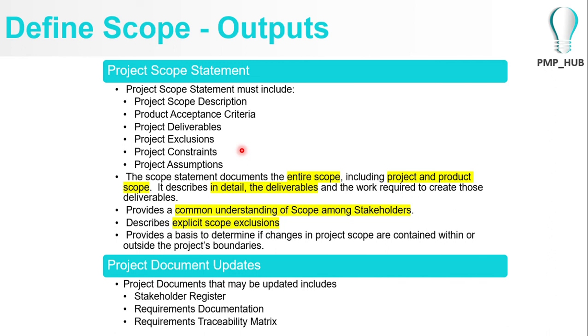So that will be the prime document that gives a common understanding among the various stakeholders in the project. And as I told you, there will be explicit scope exclusions, so everybody is clear that these areas are not going to get delivered under this project, and there is no ambiguity, and we can avoid certain conflicts that would arise later.